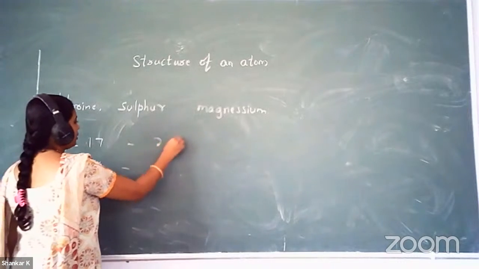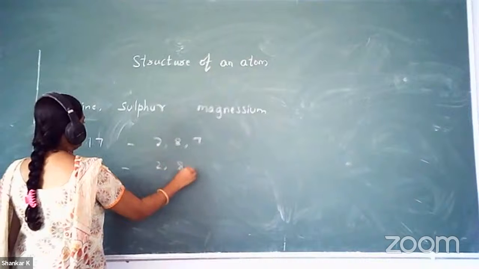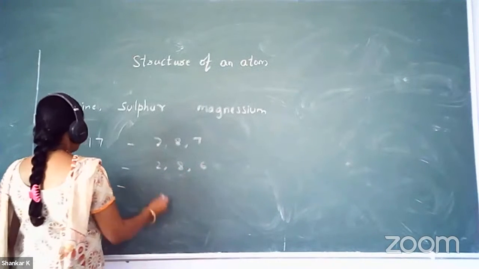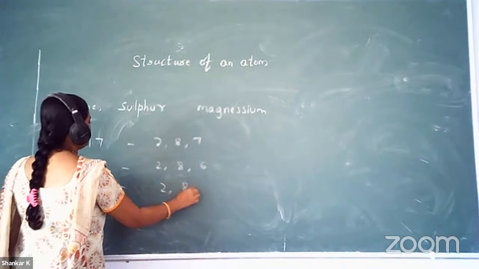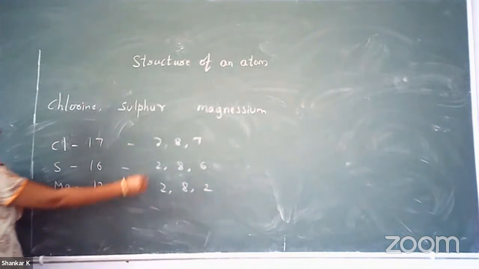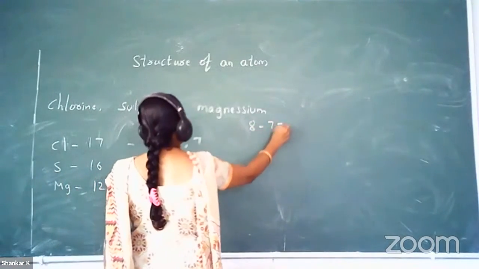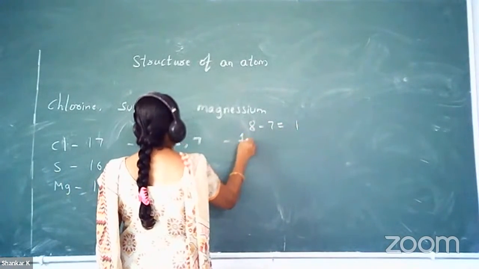2, 8, 7. Here 2, 8, 6. And 2, 8, 2. So what is the valency, students? We have to do 8 minus 7 is equal to 1. Here 1 is the valency number.